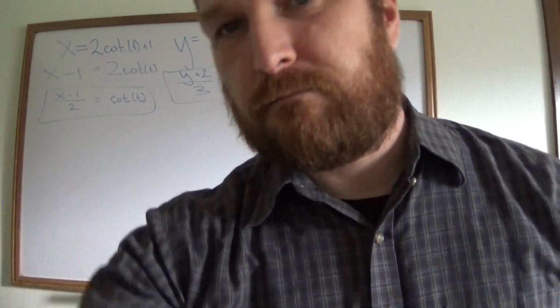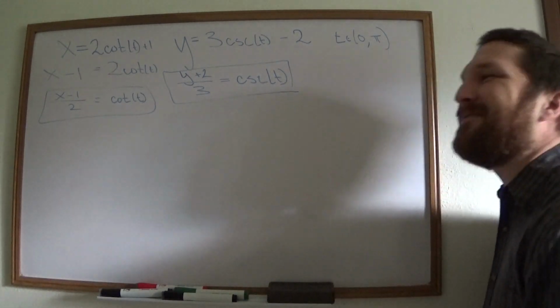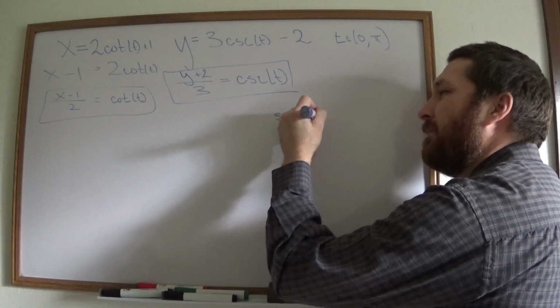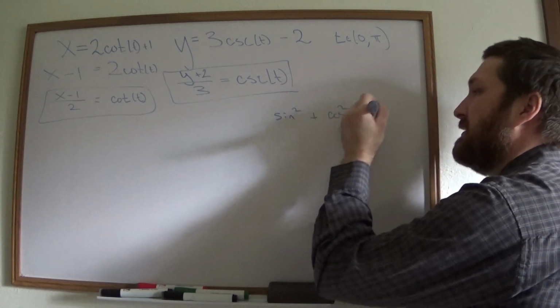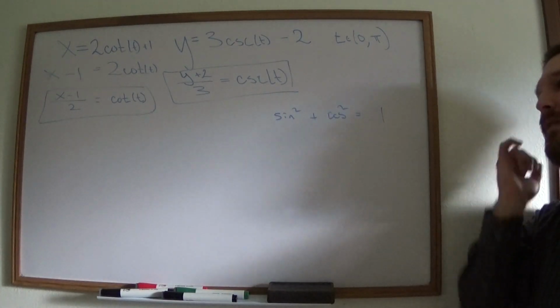Well, I don't remember it, but sine squared plus... I never remember it either, but I know that sine squared plus, and notice I'm not even writing the t, cosine squared is equal to 1. Now, how do I get either a cotangent or a cosecant?